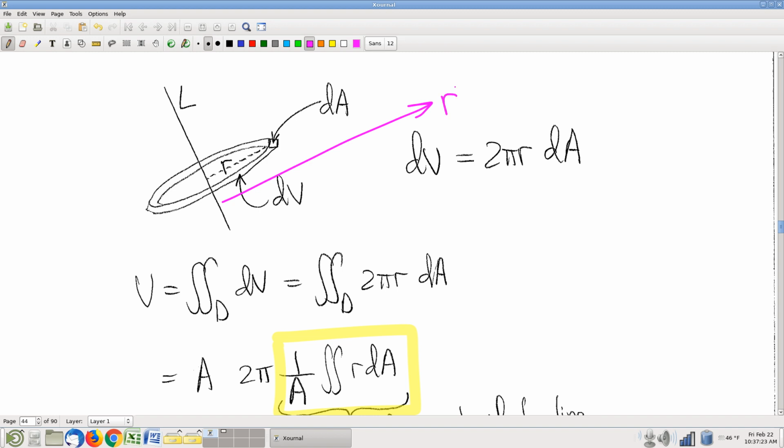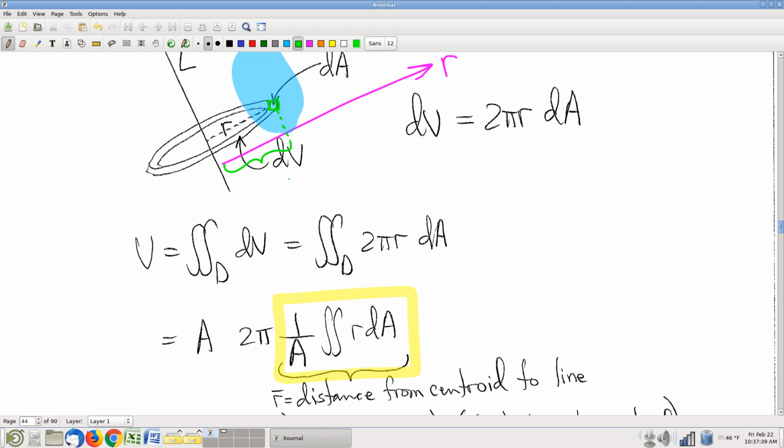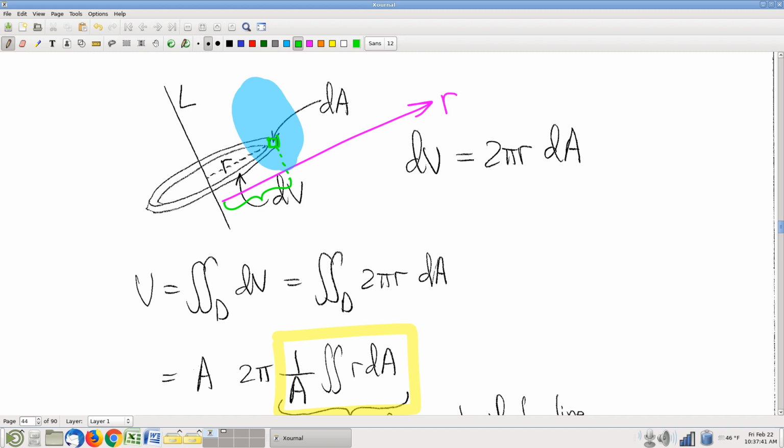And for each little piece of this region, keep in mind we've got a region there, wherever it is, I can talk about its distance along that axis, which, by the way, of course, is just a distance. It's just r, what we've already called r. So that thing that's in the integrand, it really is a coordinate.